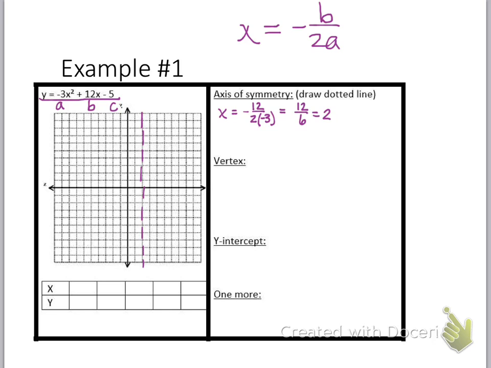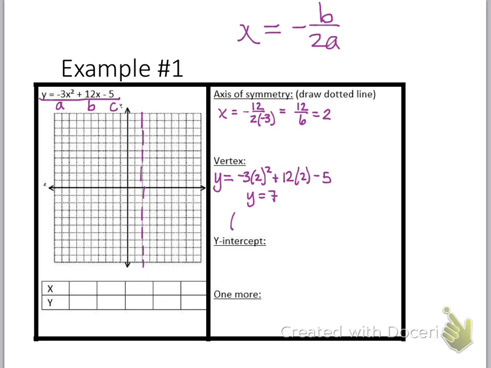Alright, now I need to find the vertex. I'm going to take what I found x to be, and I'm going to plug it into the original equation to find out what y is. y equals negative 3 times 2 squared plus 12 times 2 minus 5. Do the math there and simplify all that. You can use your calculator and you will find that y equals 7.